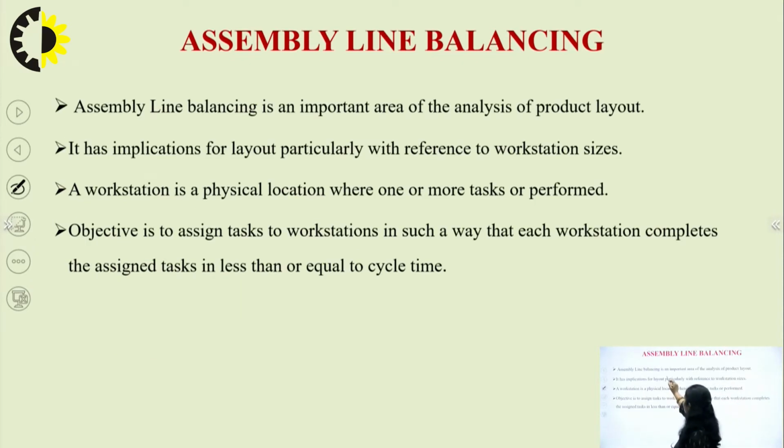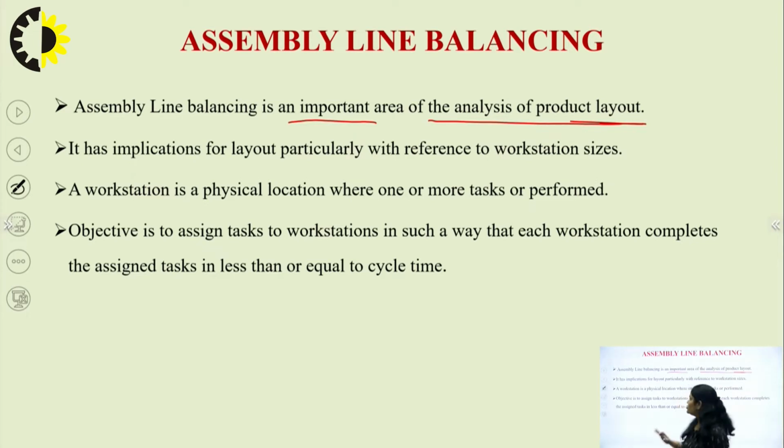So assembly line balancing is an important area of the analysis of the product layout. So first, what is the product layout? Basically, in the case of the product layout, the variety of parts that we want to produce in our organization, in our layout, is less, but the quantity or the production volume is large.